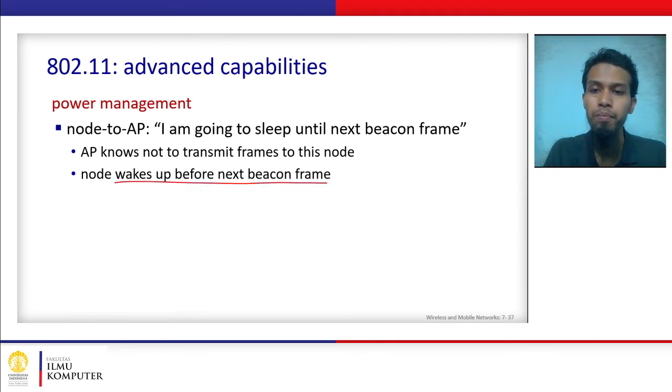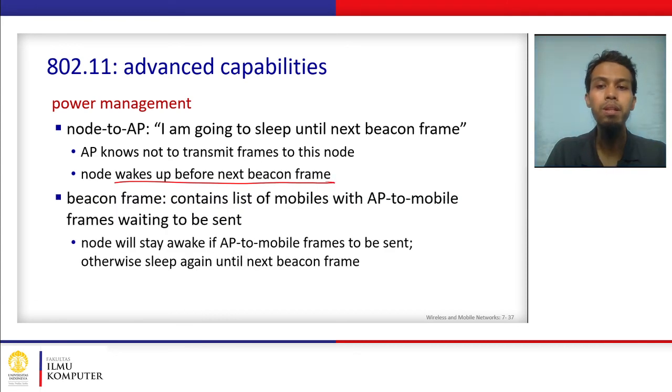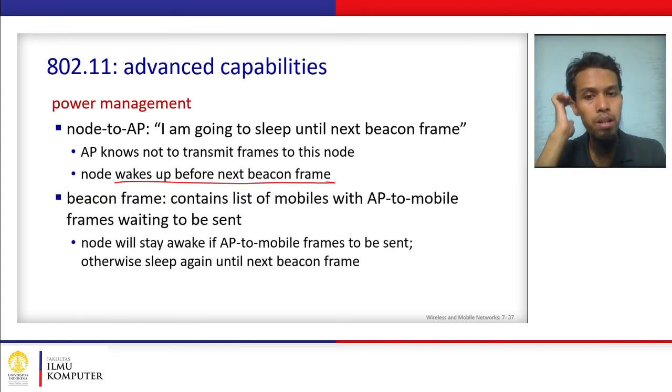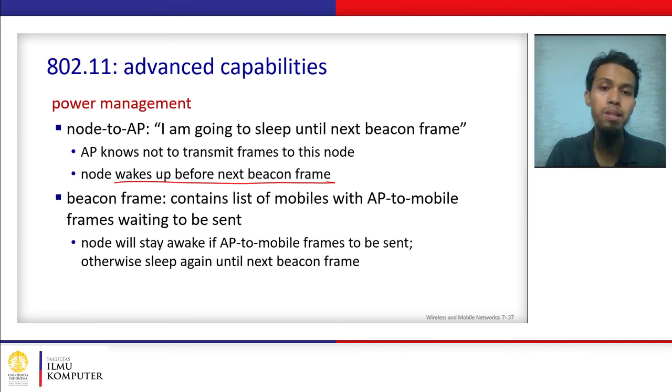The beacon frame itself contains a list of mobiles with AP-to-mobile frames waiting to be sent. So basically, if there is any data to be sent from the AP to the mobile, this is something like an advance notification. The node has to be ready to receive any data from the AP.